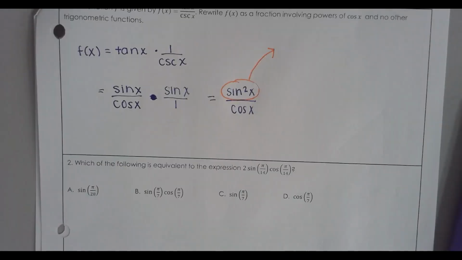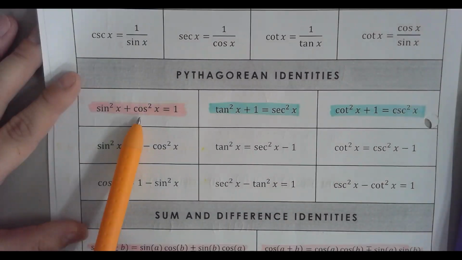I've got to turn this back with our trig identity. We're going to use this: sine squared x plus cosine squared x equals 1.